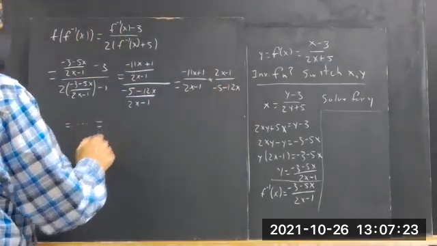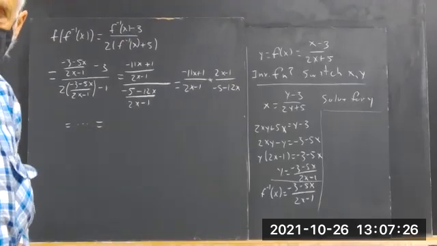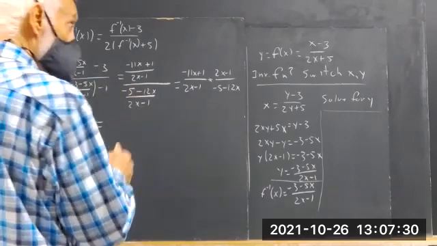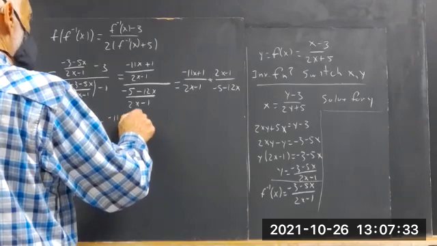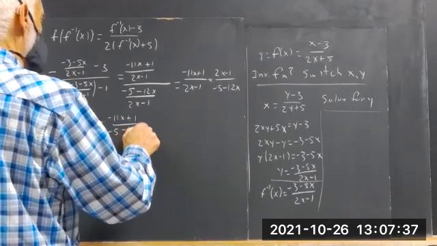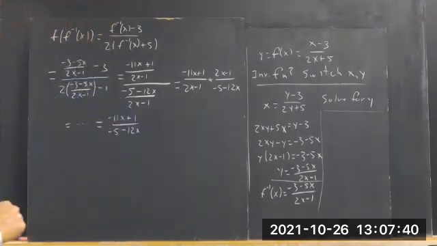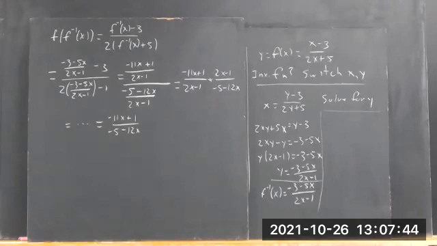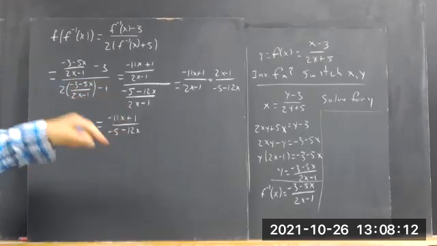This equals, after some steps that I've gone over in some detail, one I worked in class last time, and others that I've worked earlier in the semester, negative 11x plus 1, and negative 2. So, negative 11x plus 1 over negative 5 minus 12x.